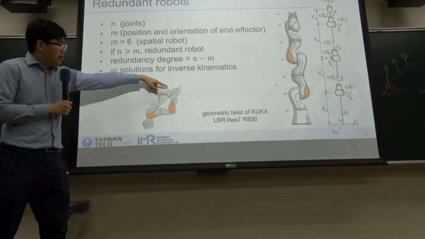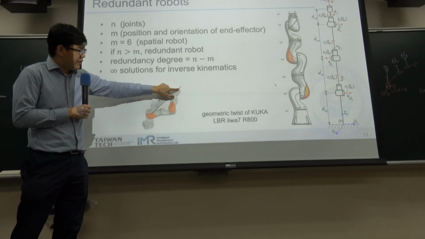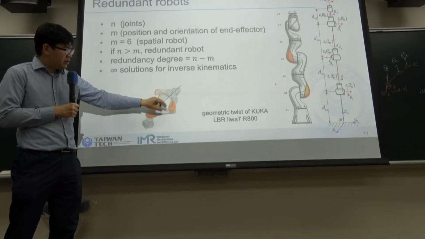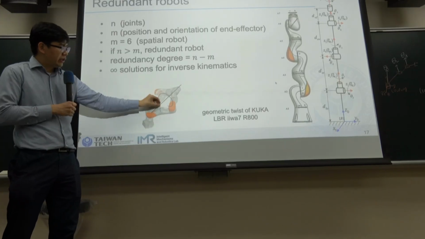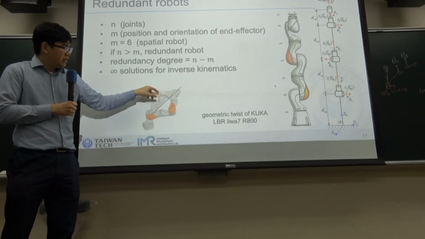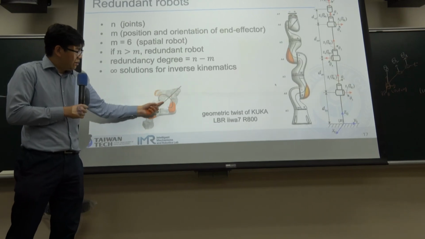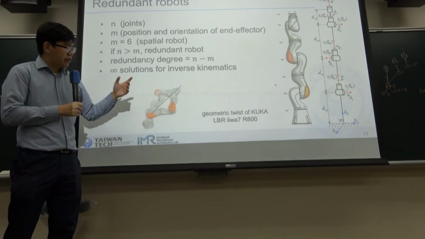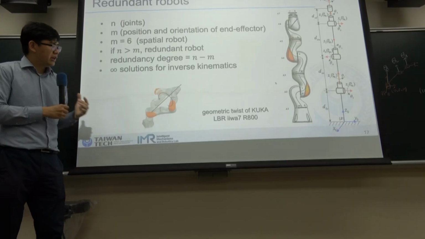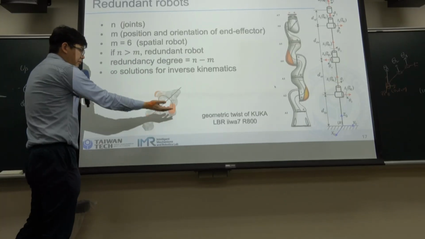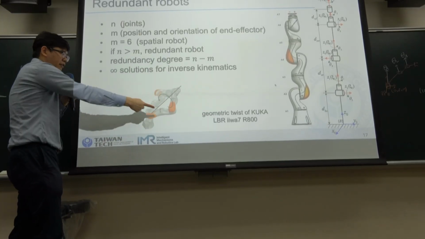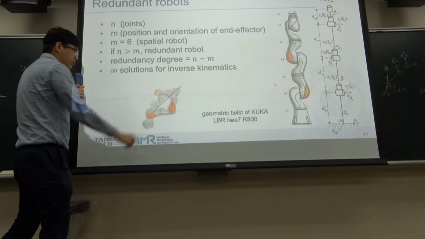Like when we have an end effector at this point, you can imagine that this robot arm can rotate about this axis, so it will generate infinite solutions. All of the solutions, when you rotate, will reach this position.